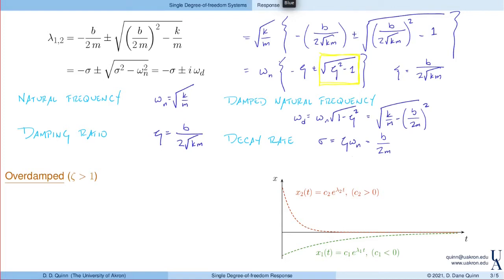If the damping ratio is greater than 1, then this quantity is real. As a result, lambda 1 and lambda 2 are both real, so that the solution is real. So again, we call this an overdamped system. If zeta is greater than 1, then both of the eigenvalues are real.